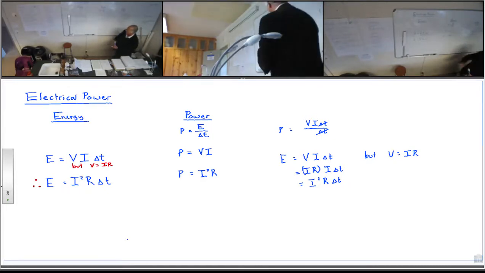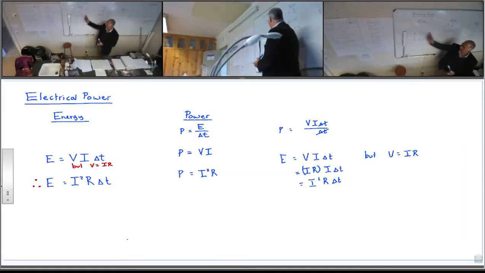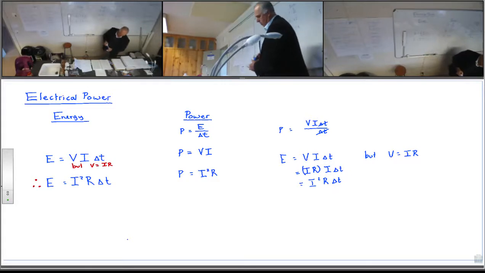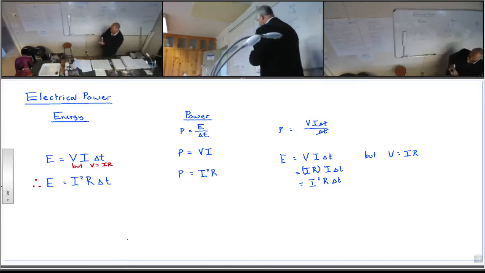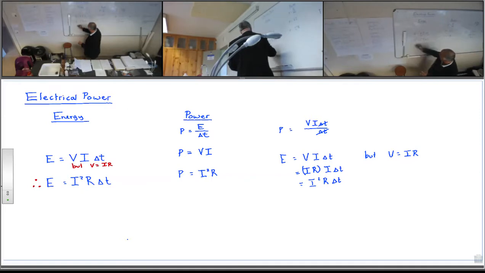Okay. Now, what did we replace in this formula to get this formula? We replaced the V. What can we replace now instead? Sorry? Replace the I. What is I? I is V over R. So therefore, what will that give you?